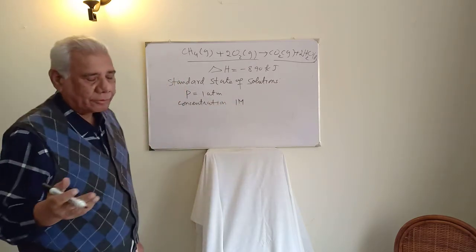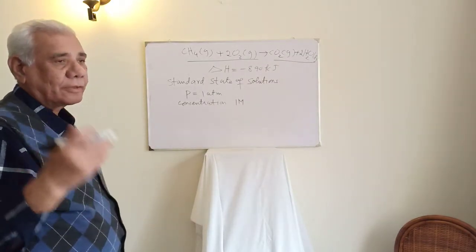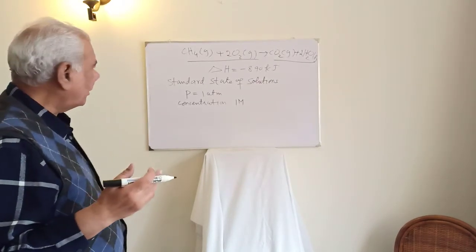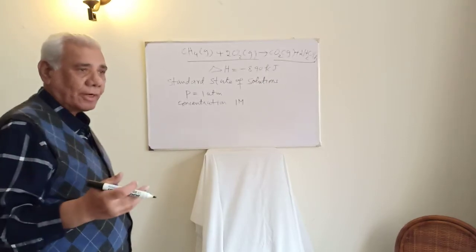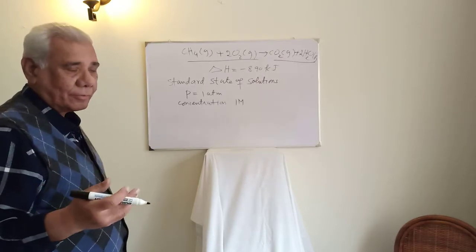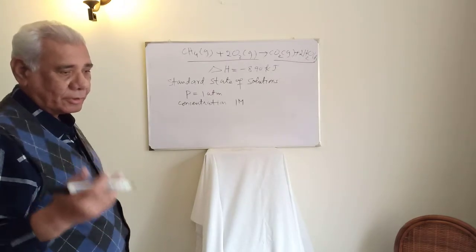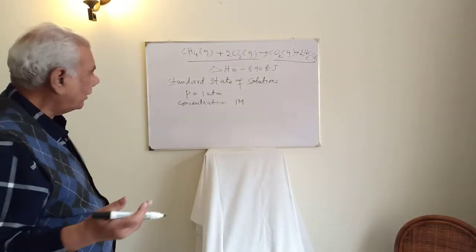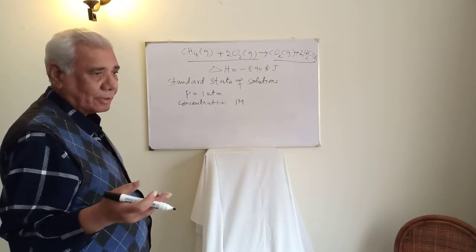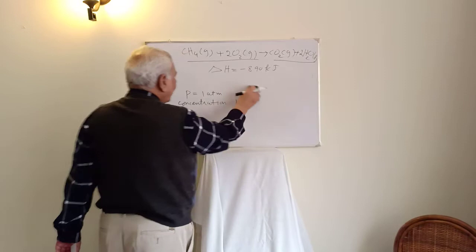So I have given you the convention: the standard state of all compounds is pressure 1 atmosphere and a specified temperature, which is 25 degrees centigrade. For elements, again pressure 1 atmosphere and the specified temperature, 25 degrees centigrade. And for solution, the pressure is 1 atmosphere and concentration is 1 molar.